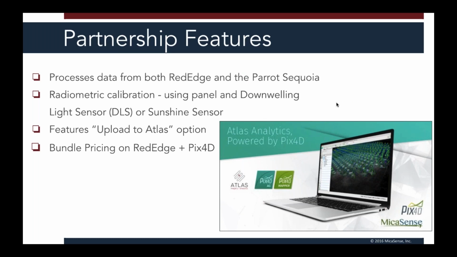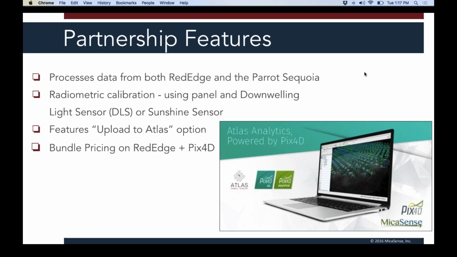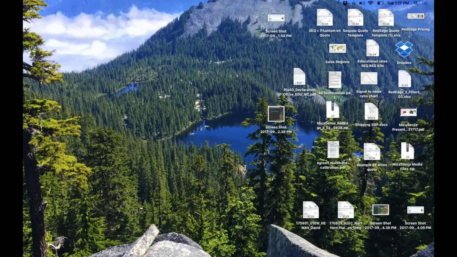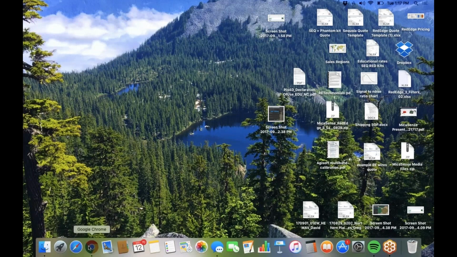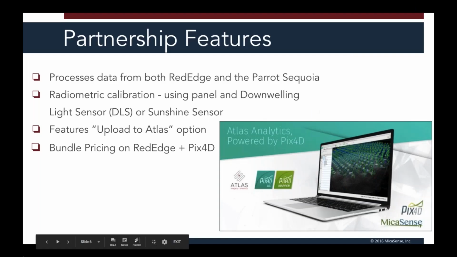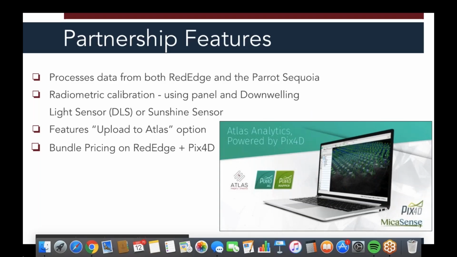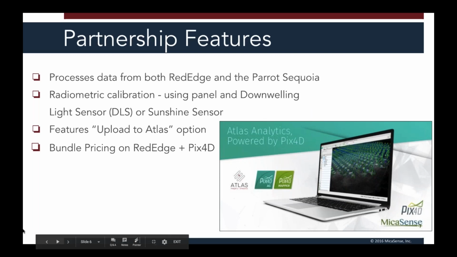Imagery taken with the Red Edge is going to be automatically recognized by Pix4D since the cameras are in Pix4D's camera database. So that's one of the benefits of the partnership. There's also a workflow to enter in calibrated reflectance panel shots for each band using this information as well as the DLS data.